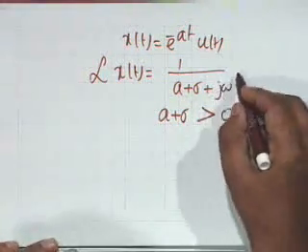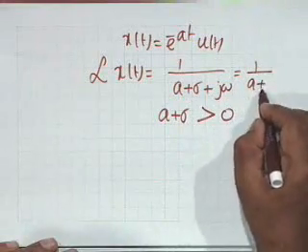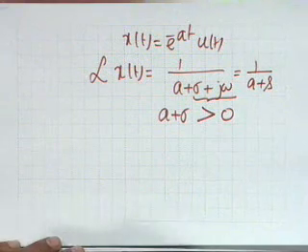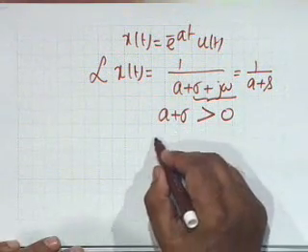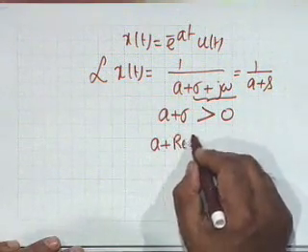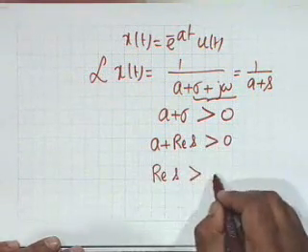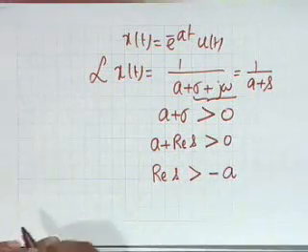I can write this as 1 by a plus s, because sigma plus j omega is nothing but s. And the condition is real part of s greater than minus a.